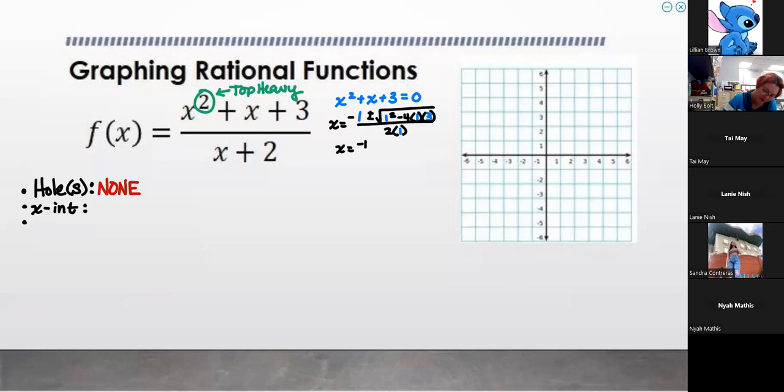So x equals -1 plus or minus, what am I going to end up with underneath that radical? What will I have underneath the radical when I simplify this part right here? -11. So what does that mean? I have a -11 underneath my radical. I'm trying to find my x-intercepts.